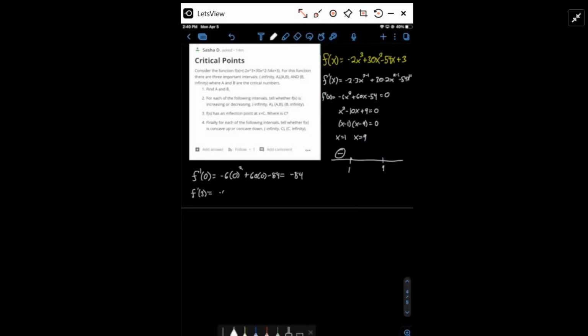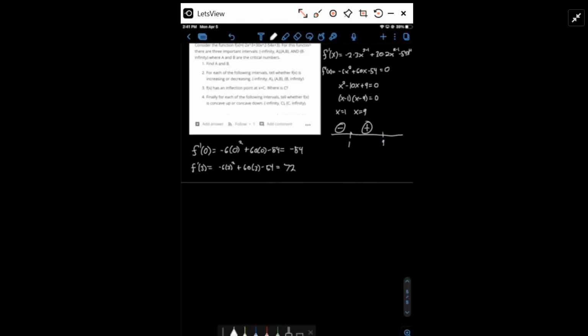F prime of 3 equals negative 6 times 3 squared plus 60 times 3 minus 54. That's going to equal 9 times negative 6 is negative 54. Negative 54 minus 54 is negative 108 plus 180 is 72, I think. So it's positive.